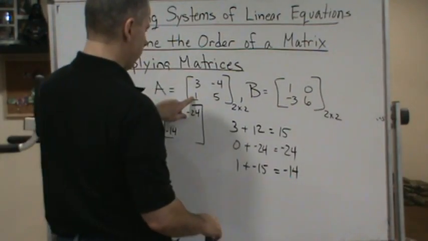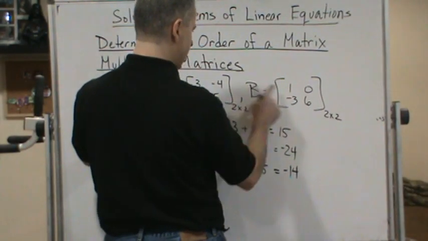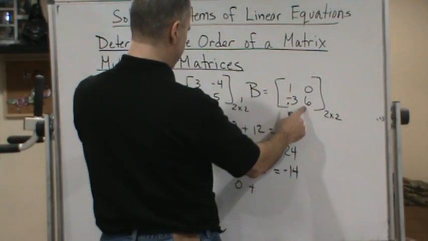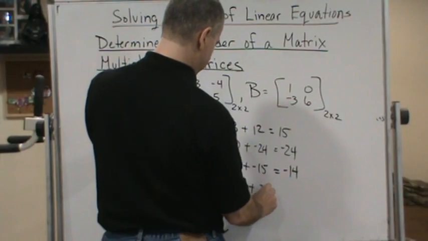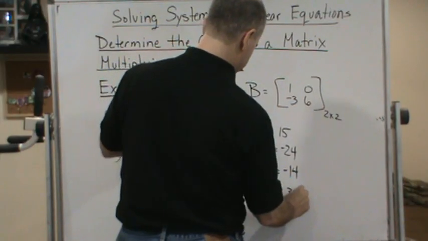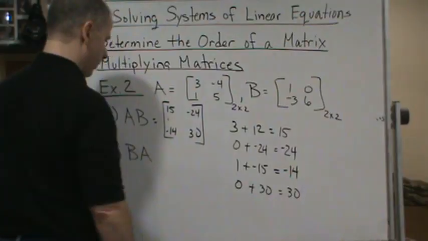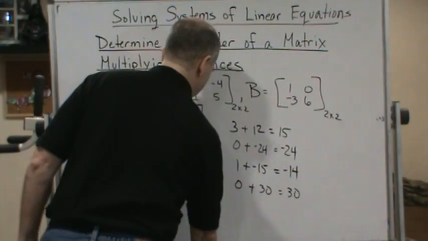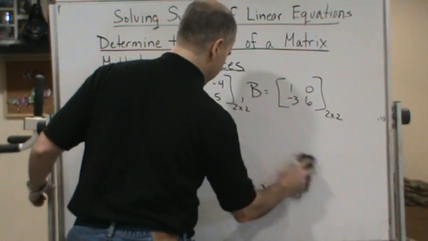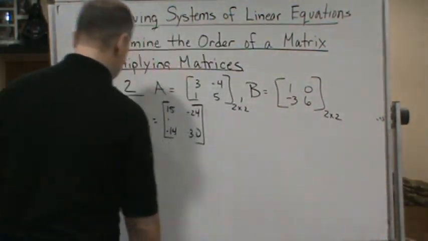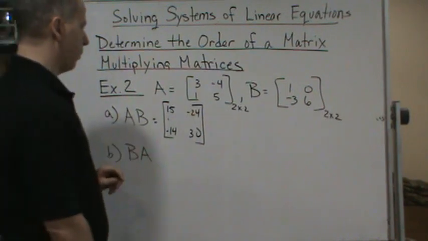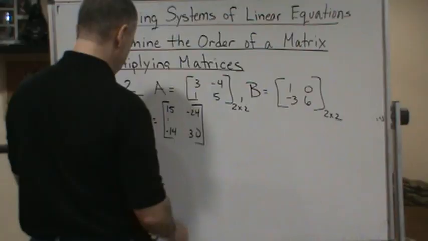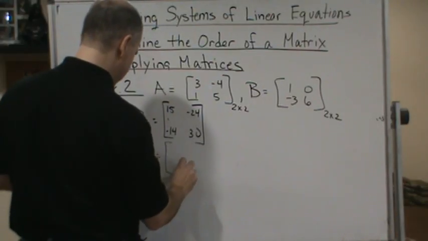And now we do second row, second column, so 1 times 0 is 0, plus 5 times 6 is 30, which equals 30. And so there we go, there's the result. Now we're going to multiply the other way. Now we're going to do B times A, where we do the rows of B times the columns of A. So again, this is going to be a 2 by 2 matrix.